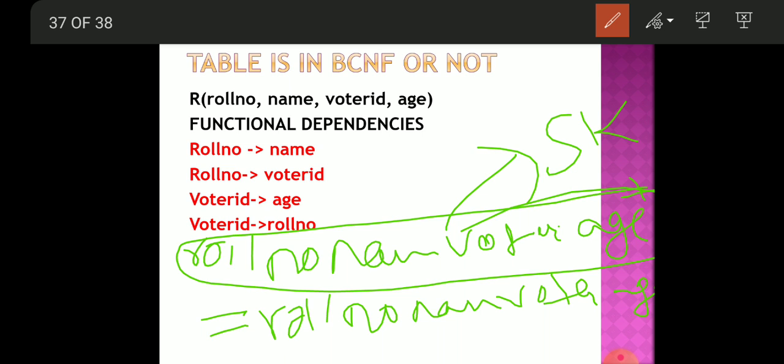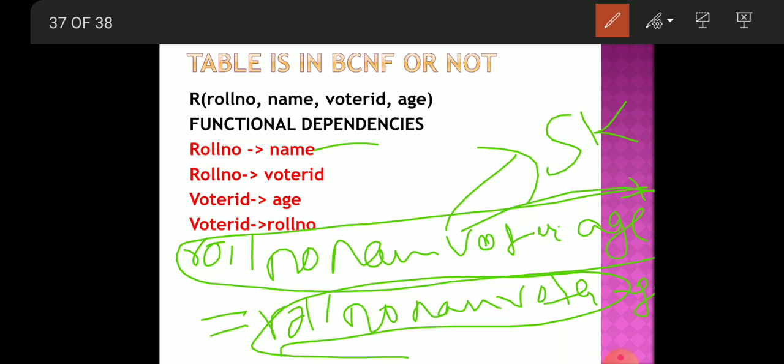Now we have to check whether we can remove any attribute from this given set. Means if after removing that attribute we still get all the attributes on the right hand side, then we can remove it. Due to the first functional dependency, if we have roll number, then we can find out name. So there is no need of writing name here, so we can remove name. Now the second functional dependency: if we have roll number, then we can identify voter ID.